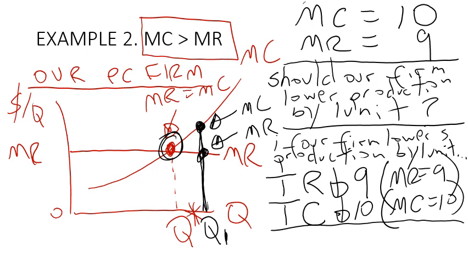Total revenues drop by $9, or $9 million or whatever, by 9. Well, that's not good. But again, we have to look at the cost side. And what do we see on the cost side? We see that the total costs decrease by more than the decrease in TR. So what happens to profit?